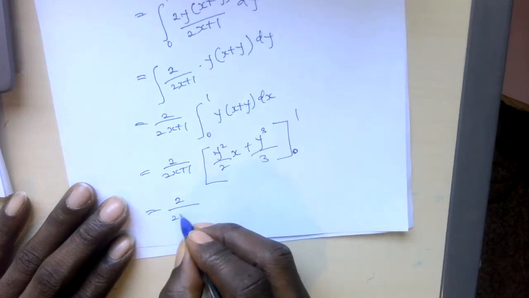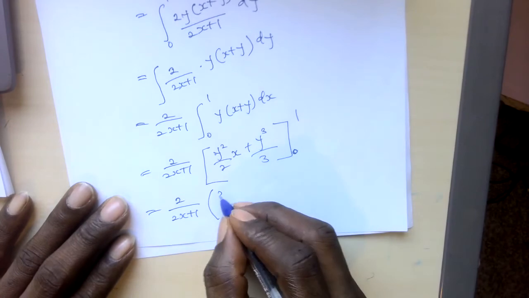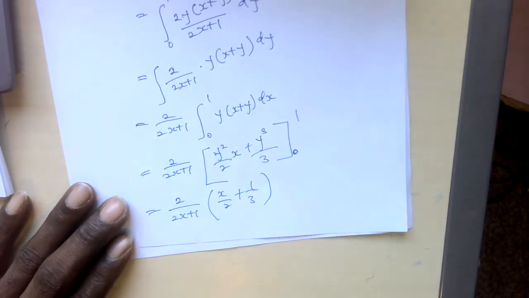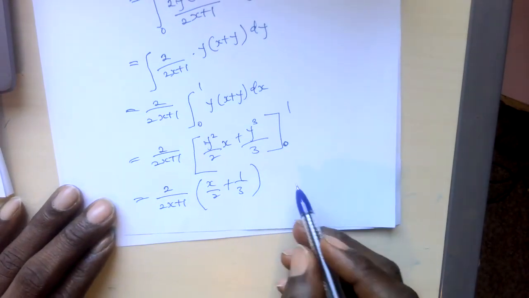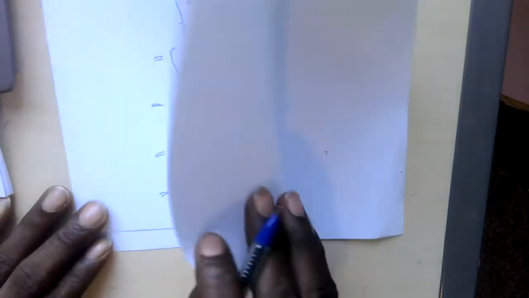Over 2x plus 1. So here, substituting 1, we have x over 2 plus 1 over 3, right?